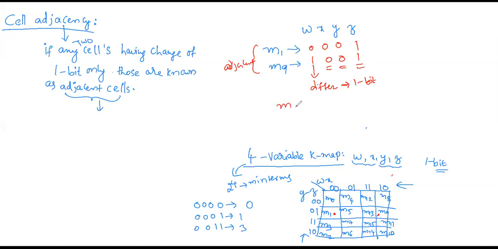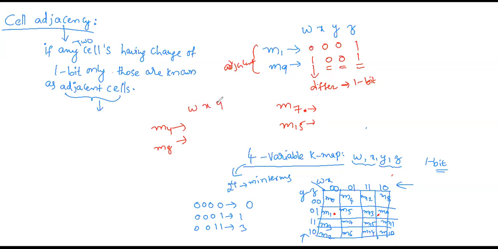Similarly, can you find M7, M15, adjacent cells or not? And one more thing, M4, M8.